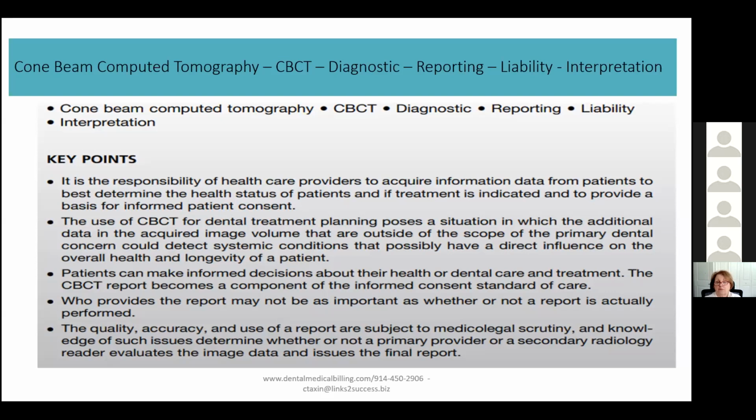Well, who documents it in full doesn't mean that if you're not trained on documenting it, you can't, but you have to be trained. And the quality and accuracy and the use of the report are subject to scrutiny, and knowledge of such issues determines whether or not a primary provider or a secondary radiologist reader evaluates the image data and issues the final report.